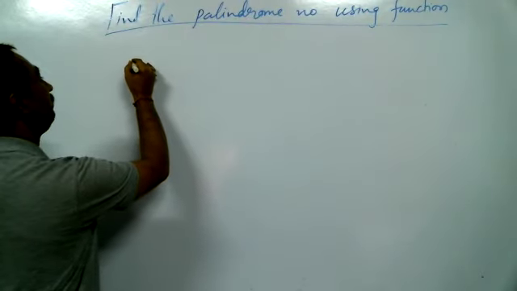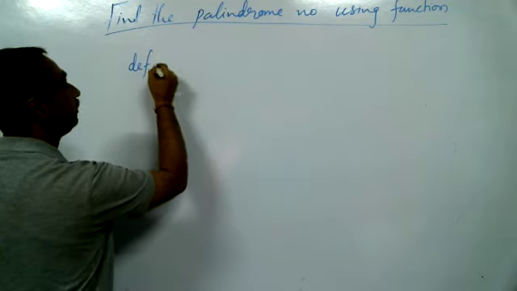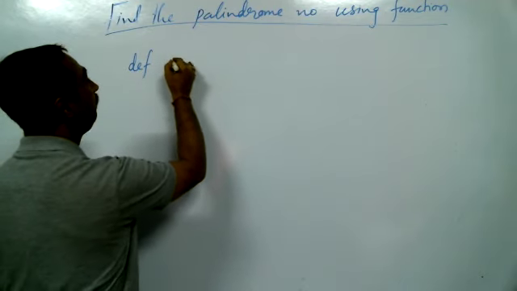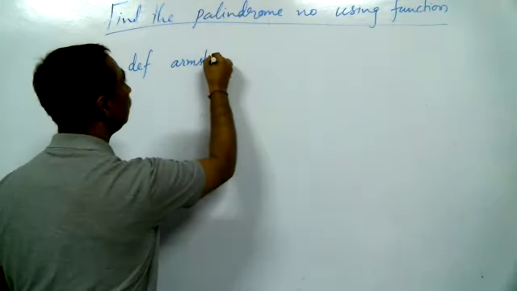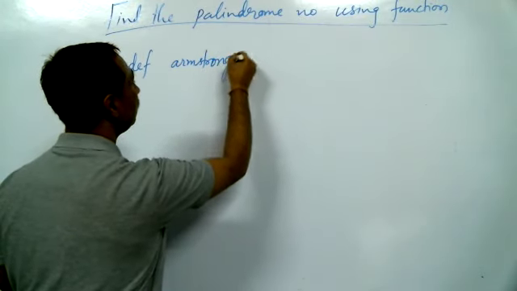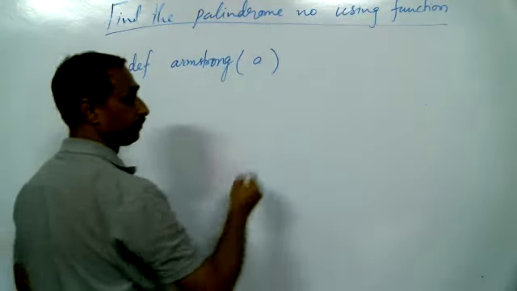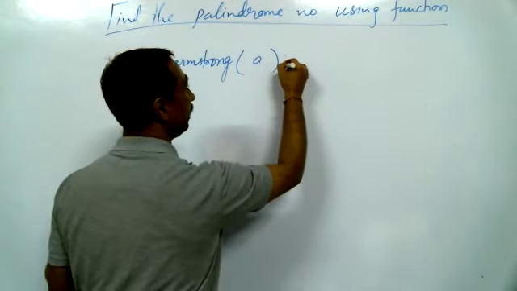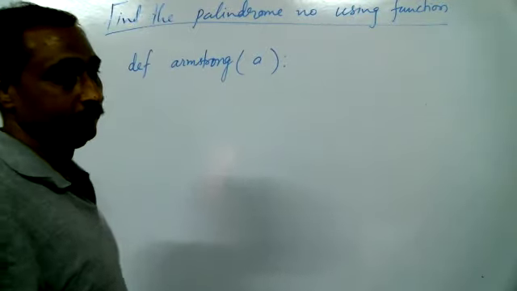So like we are defining the function with the def keyword, we will start with def, then Armstrong, then a. I have taken a number, and this is the function block started.